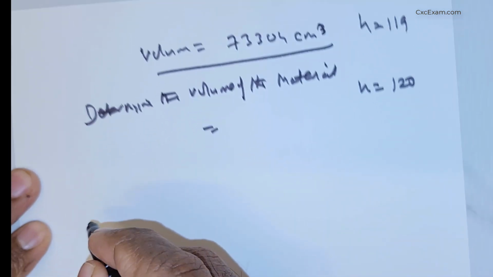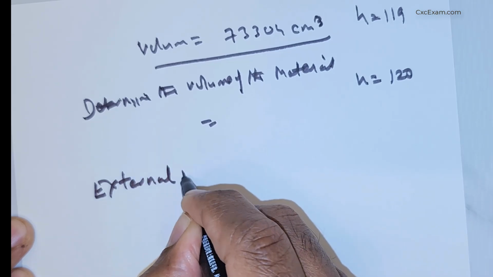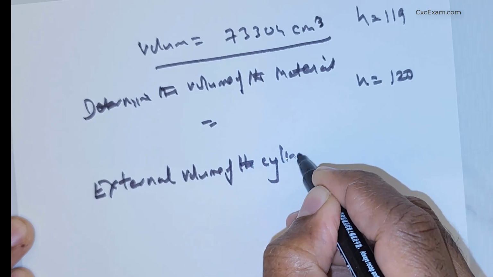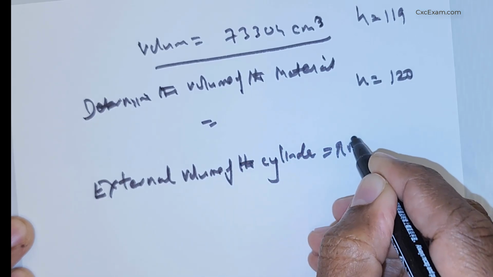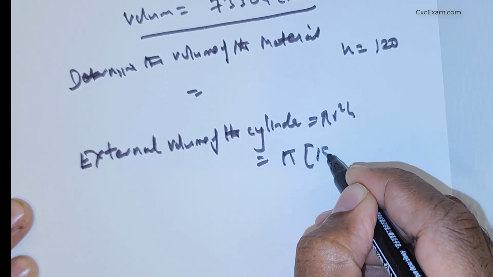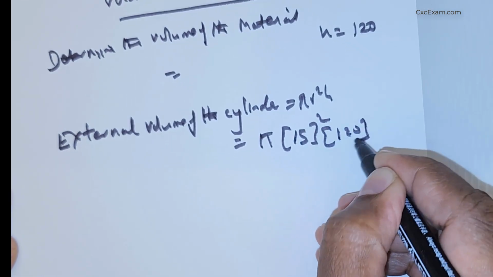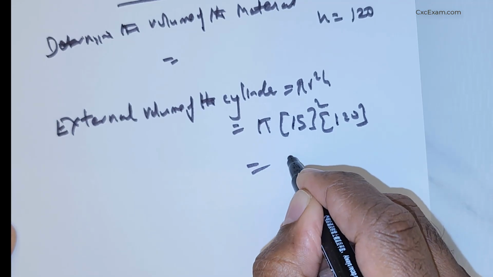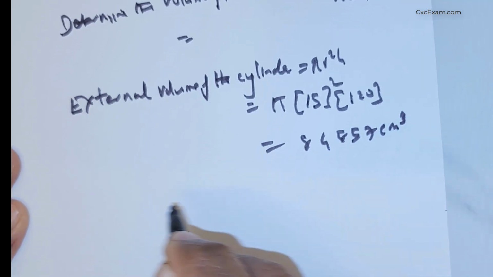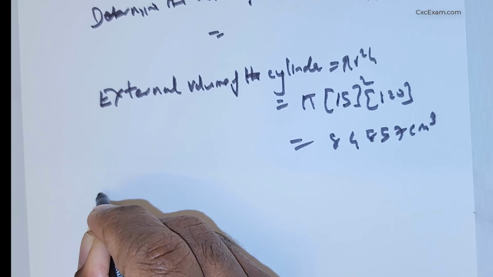So let me do that. That's going to be the external volume of the cylinder. We use the formula pi r squared h. In this case it's pi times the radius, 15, so 15 squared times 120. If you evaluate, you get 84857 cm cubed.